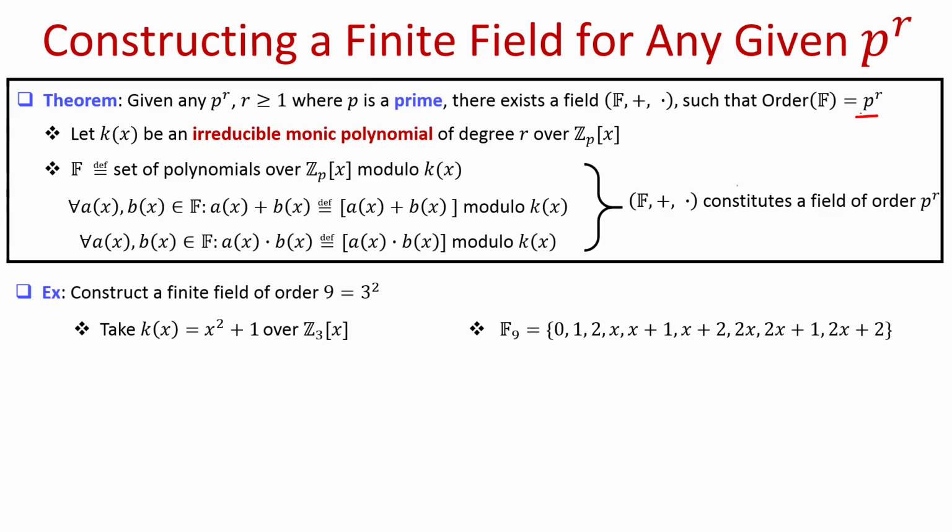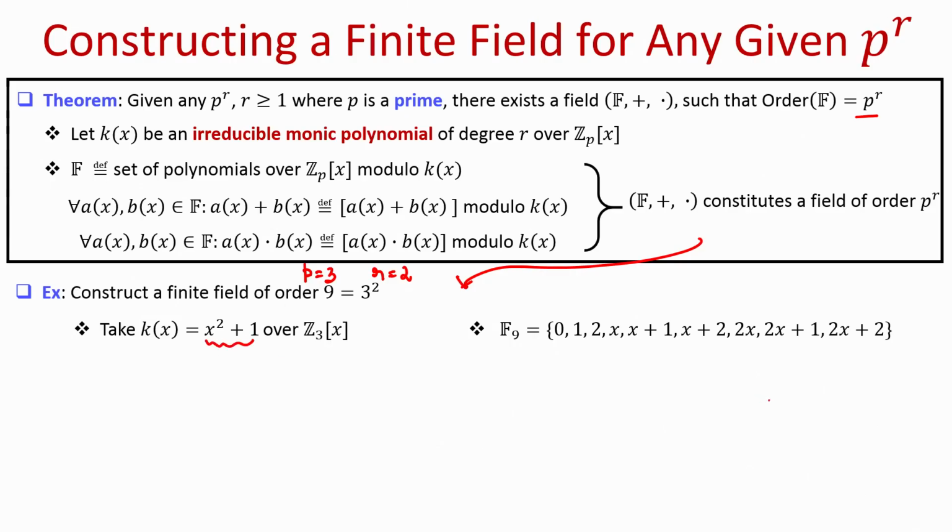Now, let us see how exactly this framework can be applied to construct fields of order p to the power r for some given values of p and r. Imagine I take p to be 3 and r to be 2. I need an irreducible polynomial of degree 2.